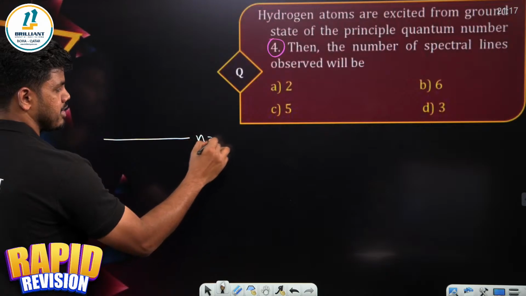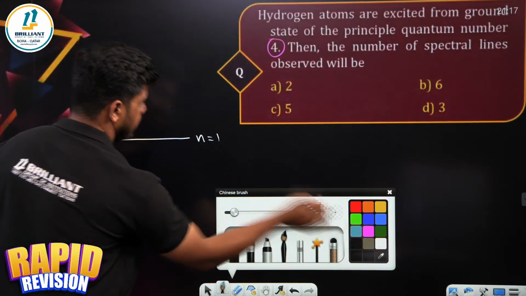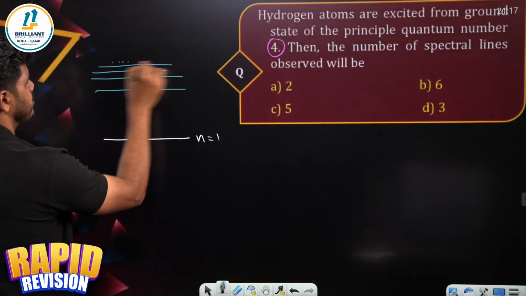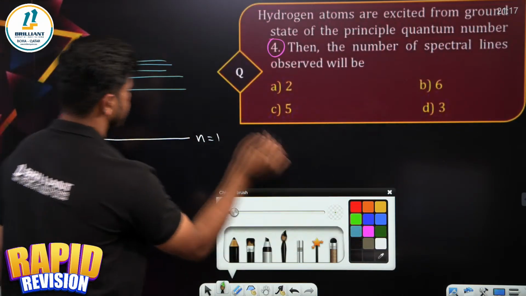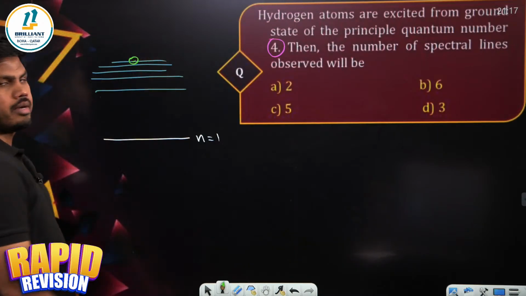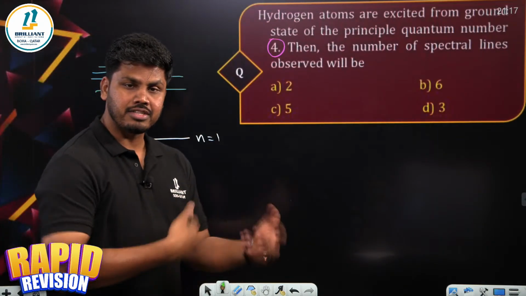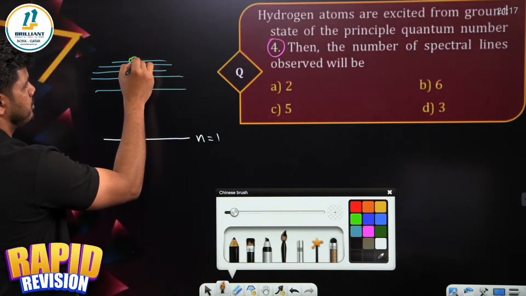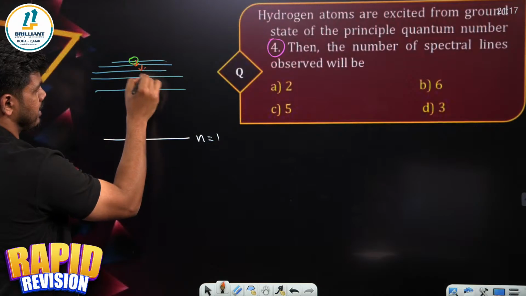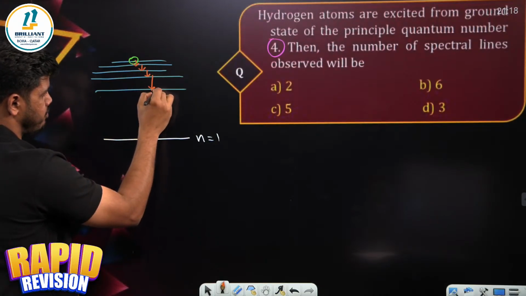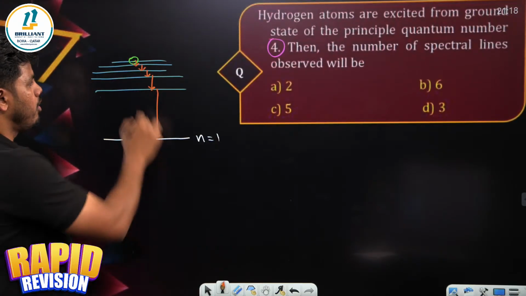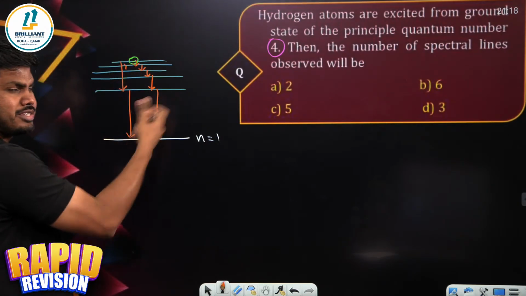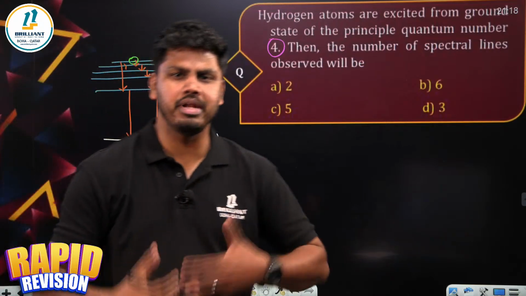If an electron is excited from n is equal to 1 to any other excited energy level, to the outermost energy level like this, it can have different transitions. It can go from this to this, from there to the next one, to the next, and finally to the initial orbit. Or it can come to this one, then to the next. So many combinations are possible.